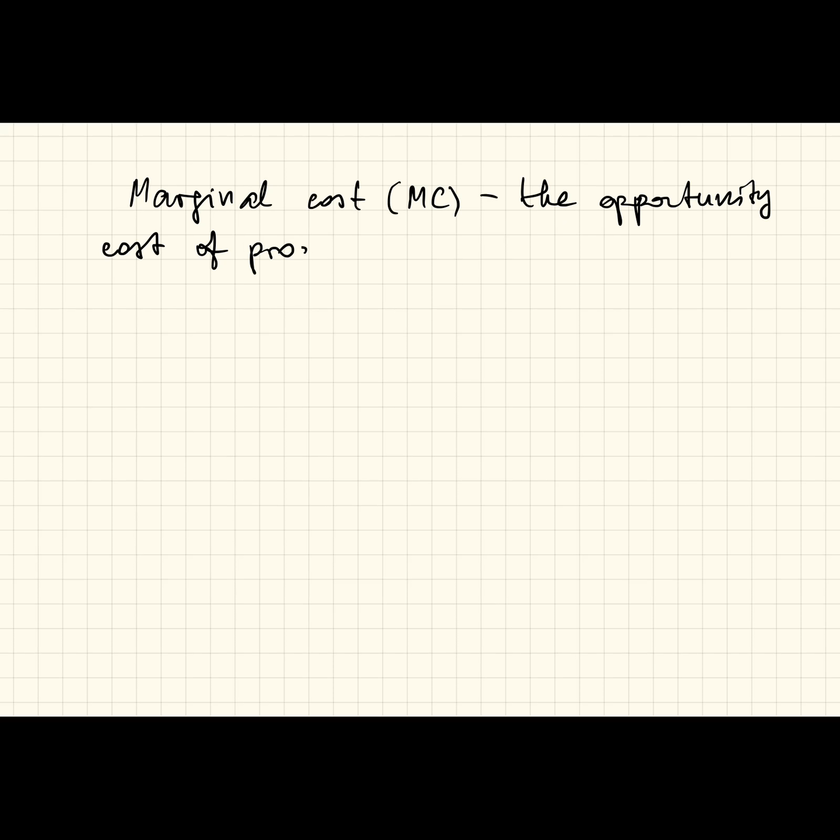Now let's talk about marginal cost. Marginal cost, or MC, is the opportunity cost, generally speaking, of producing one more, or one extra, unit of a good.